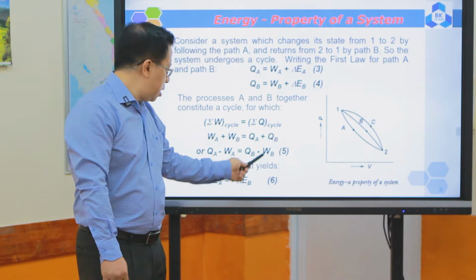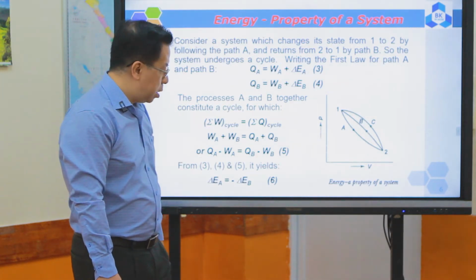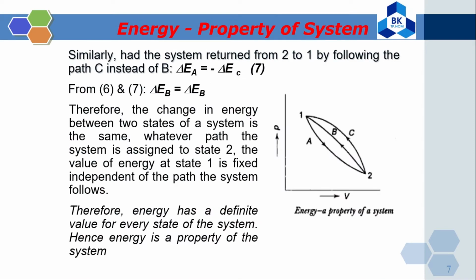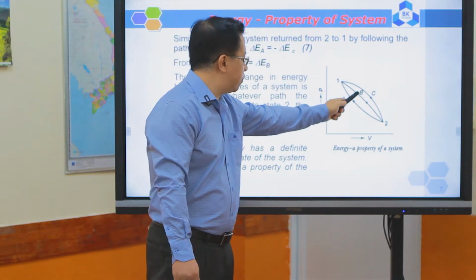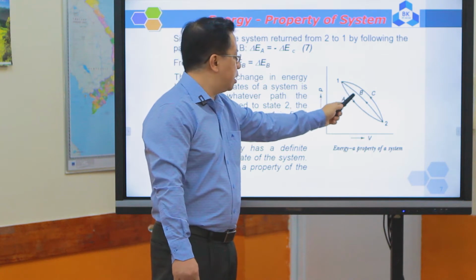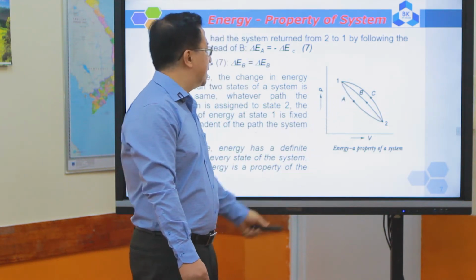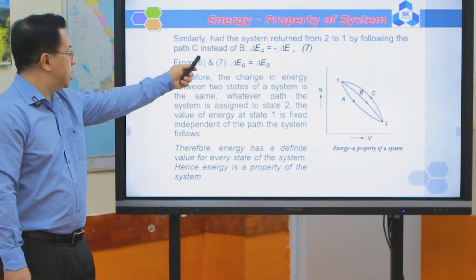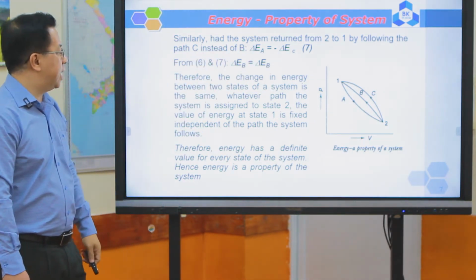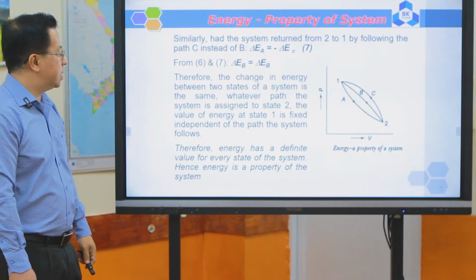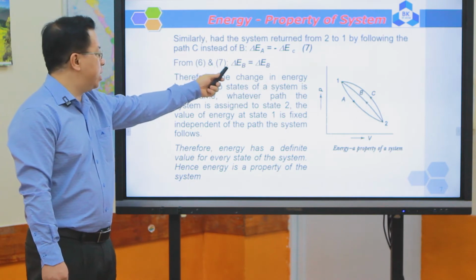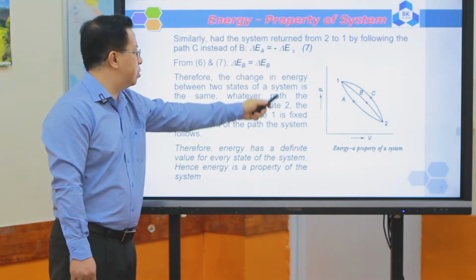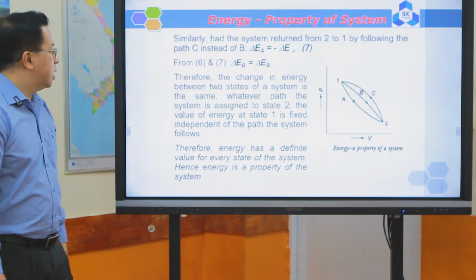Because it's based on this, we got equation 6. Similarly, we look at the return process from 2 to 1. It does not go in the path A, but now goes in the path C. We have a similar equation: delta EA will be equal to minus delta EC. So from equations 6 and 7, we got delta EB equal to delta EC.